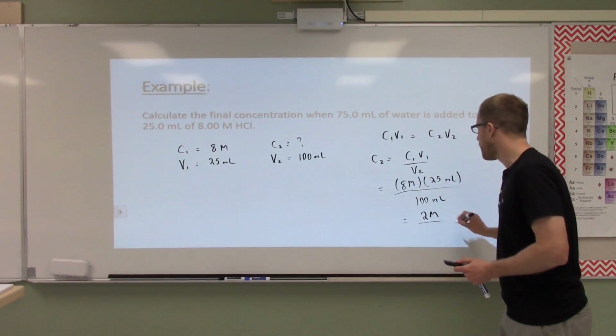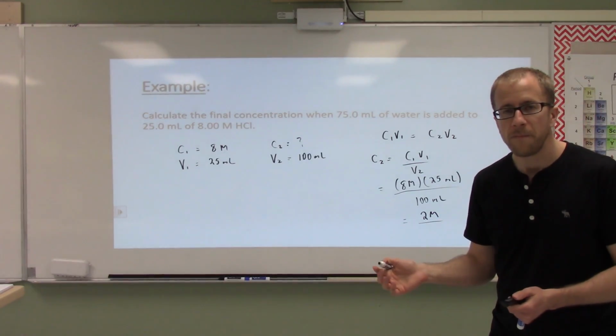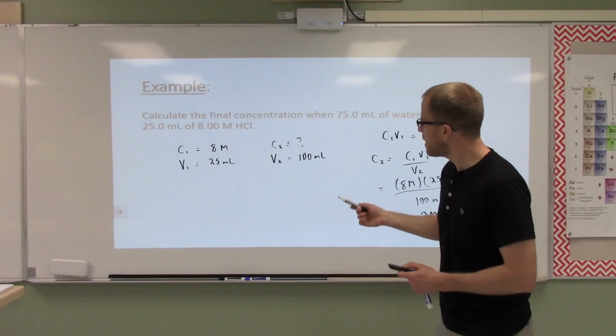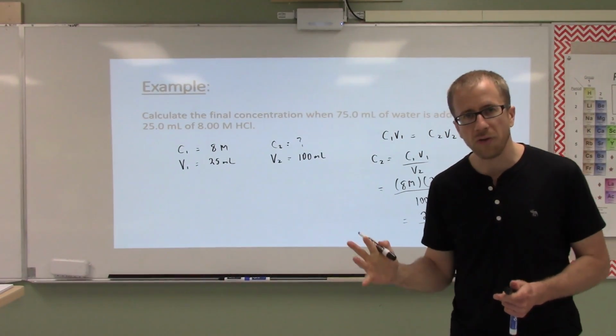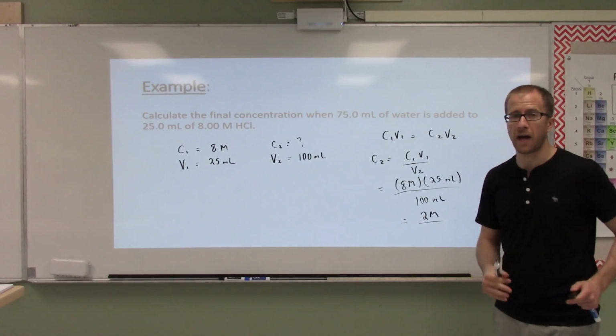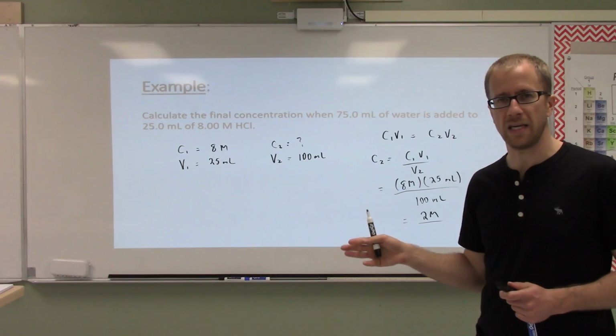And if you think about it, that makes perfect sense. What did we do to the volume? We increased it by a factor of 4. As a result, what happened to our concentration? It decreased by a factor of 4. These are predictions you should be making.